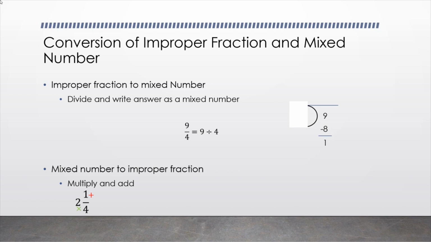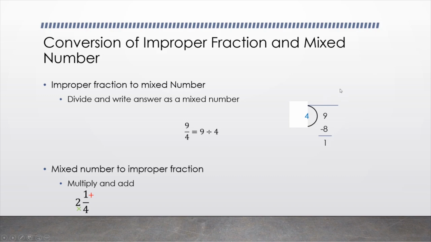Now, in long division, depending upon where you learned division, it could look different. We're taking 4 and seeing how many times it goes into 9. It goes in 2 times, because 2 times 4 gives me 8, with a remainder of 1.